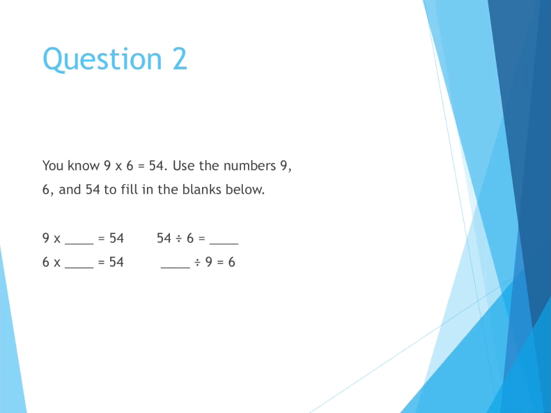Okay, so moving on to question 2. You know that 9 times 6 equals 54. Use the numbers 9, 6, and 54 to fill in the blanks below. So again, we're working here with fact families.